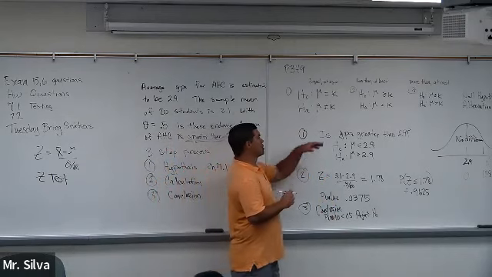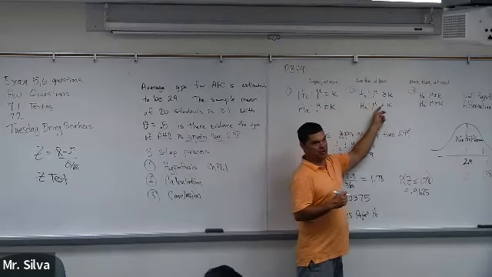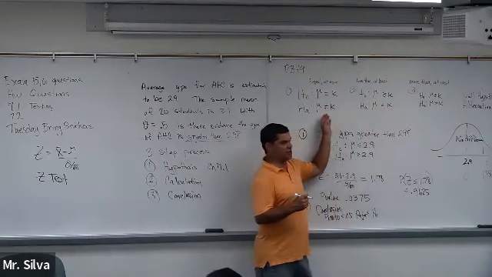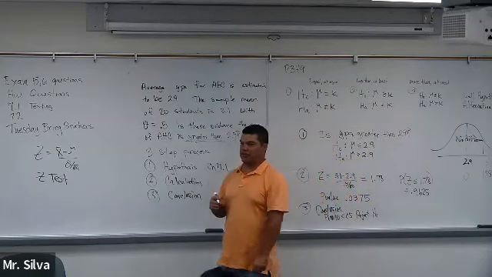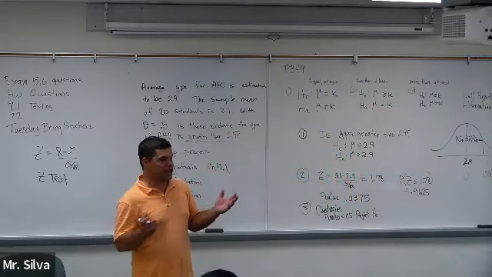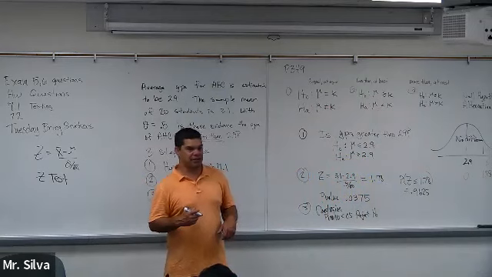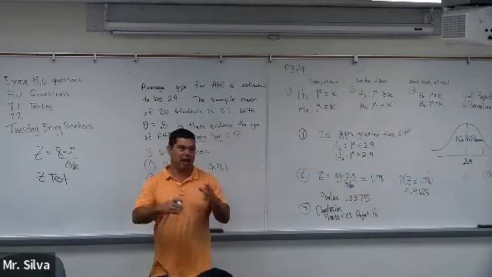We could do proportions. So this could be a P. P stands for proportion. And I use the same setup for my hypothesis if I'm comparing proportions, like what percent of students wear glasses, right? What percent of students drive a lowrider? What percent of cars have black rims, right?